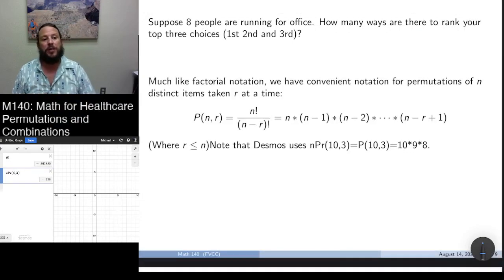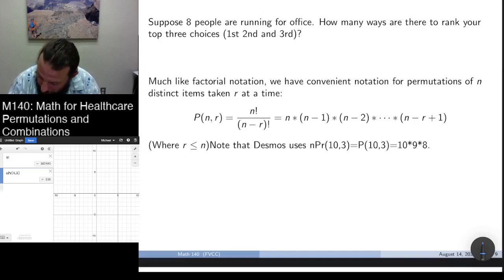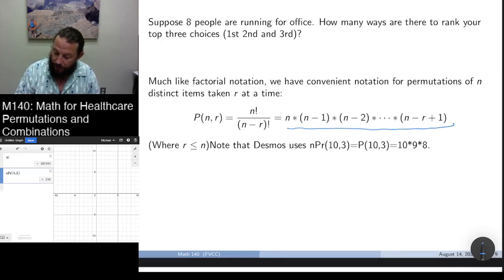Now, here's the full-blown list of it, and our notation here. So for permutations of n distinct items taken r at a time, here's our formula. It comes from the multiplication principle. Both work, but use Desmos, please.